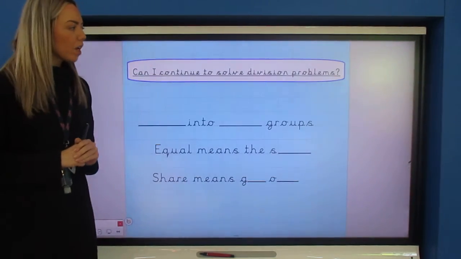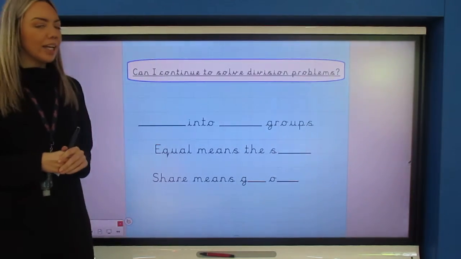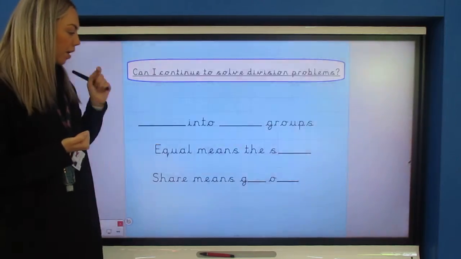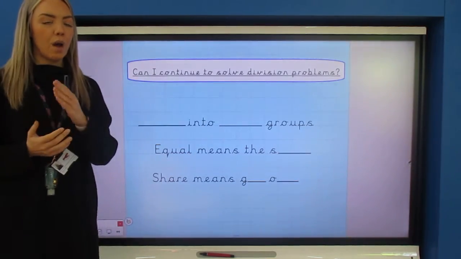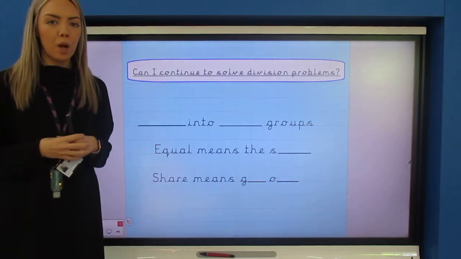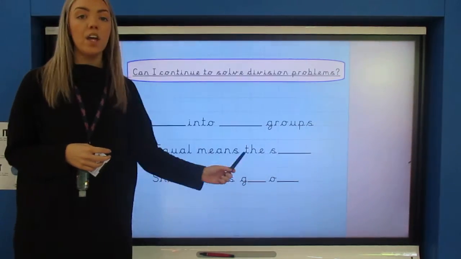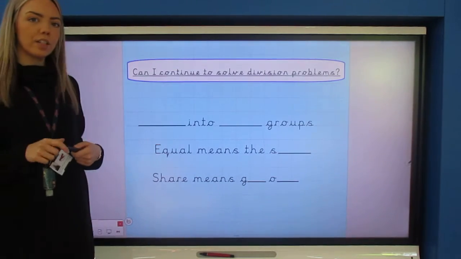Now, we started to look at division yesterday and we thought about what division means. Now, I've got some missing words in my phrases today. So I would like you to get your whiteboard now and your whiteboard pen, and we're going to fill in the missing phrases together to make sure that we know exactly what division means. So let's have a look at the first phrase.